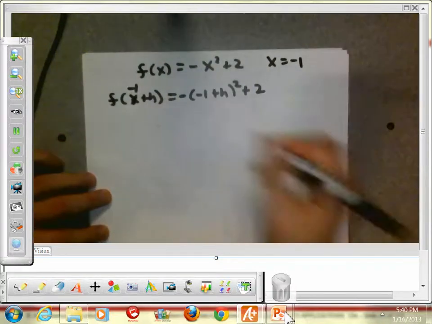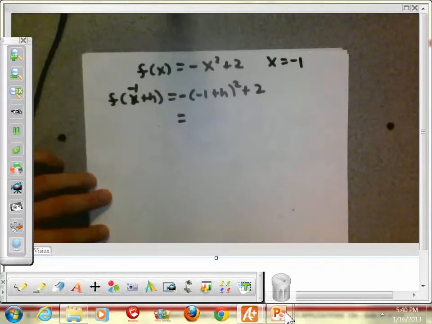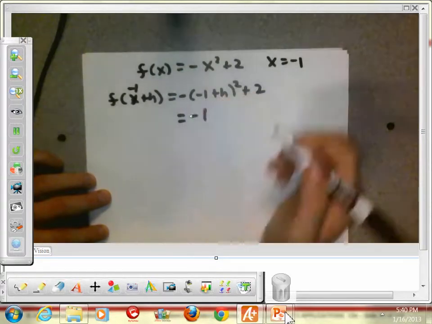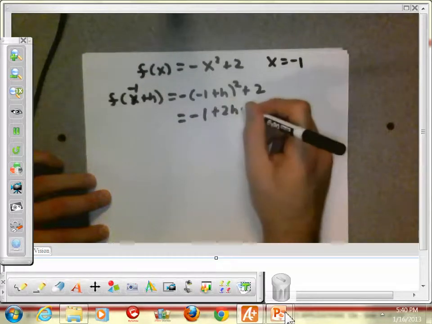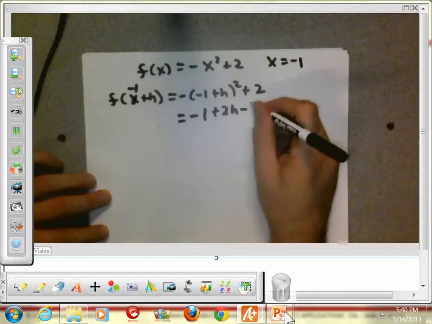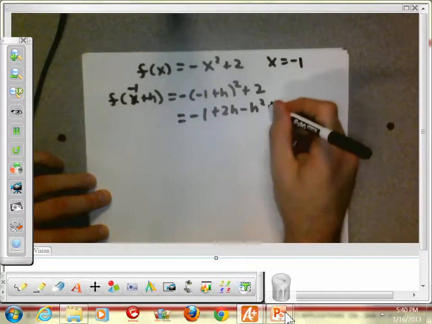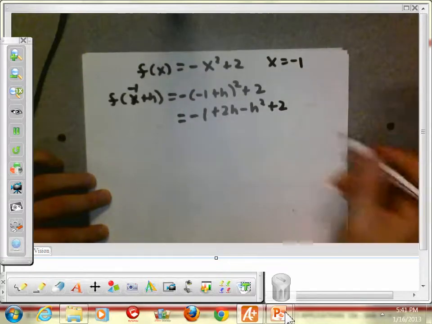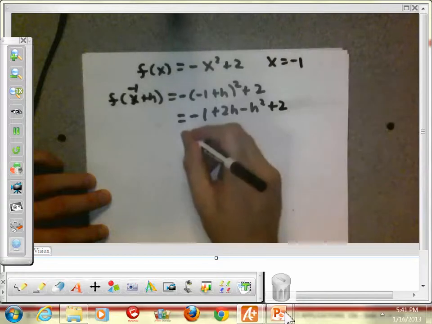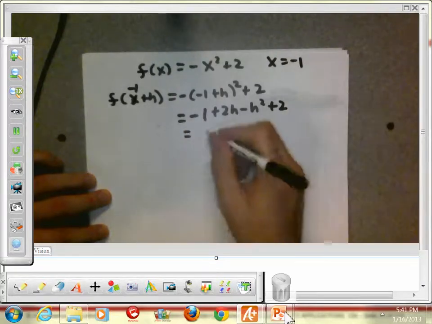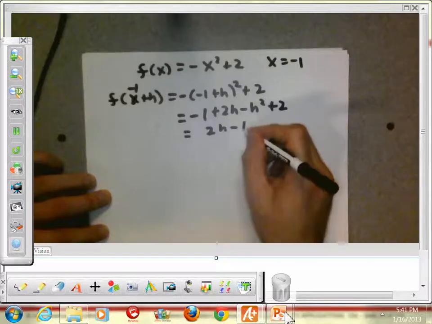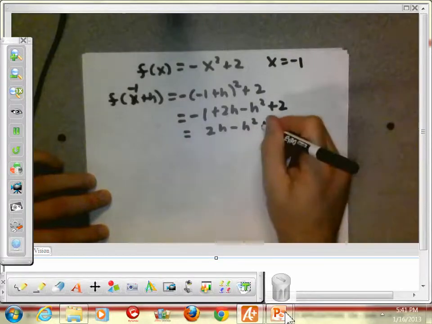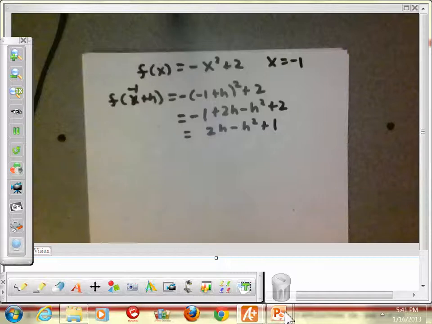Thank you. And so this is going to be equal to negative 1 squared is 1, so it's going to be minus 1. And it's going to be plus 2h. And it's going to be minus h squared plus 2. And this is going to be equal to 2h minus h squared plus 1. Okay? Any questions on that?